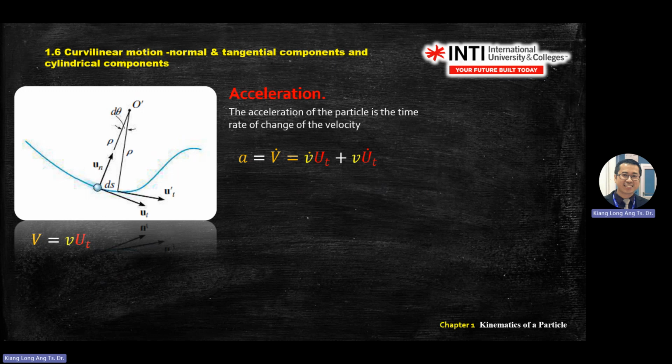So when you do the chain rule, let's say d(uv), how do you do it? You lock this one first, then you differentiate this one: u dv dt. Then only you lock the second one, plus v du dt. This is the general chain rule equation. So now you have two things, this is u, this is v.